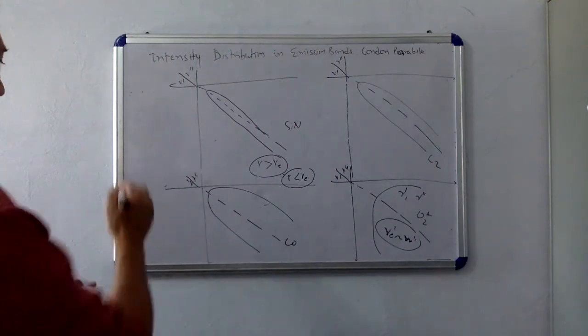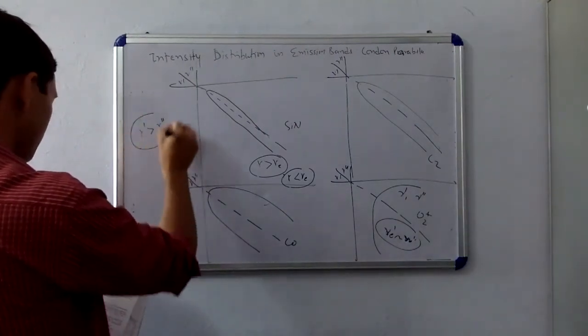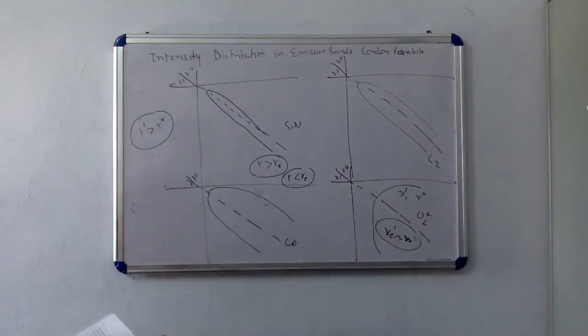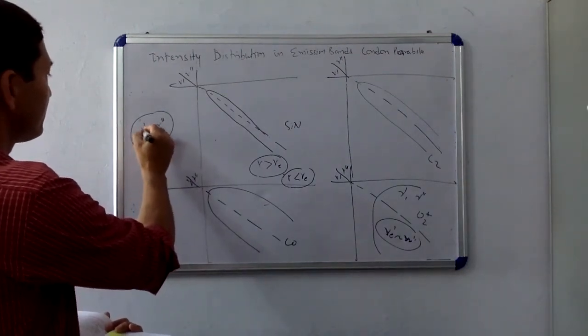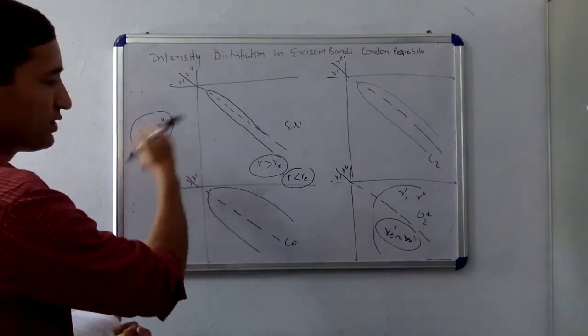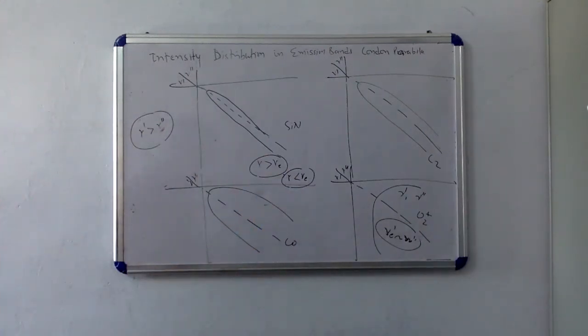So if R prime is greater than R double prime, which is usual, the right limb of the Condon parabola will be stronger.